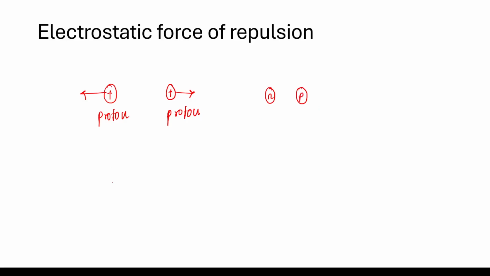Now, when we move on to the nucleus, which is inside an atom, just trying to make a model of an atom here. So let's say the smaller circle is the nucleus: proton, neutron, proton, and neutron. So what is happening between these two protons is, according to our understanding, there should be a repulsion force between these two protons. And because of this repulsion force, the particles should go away from each other.